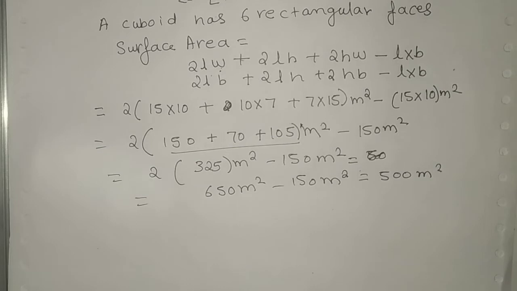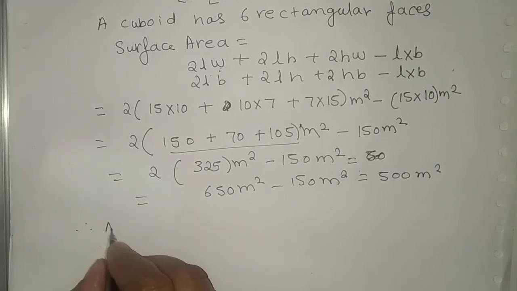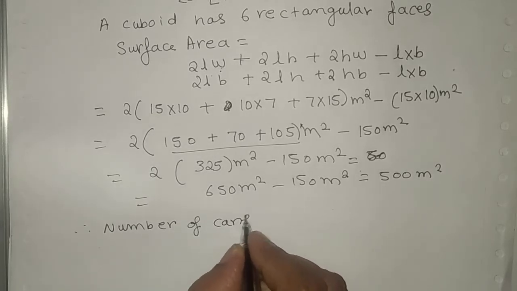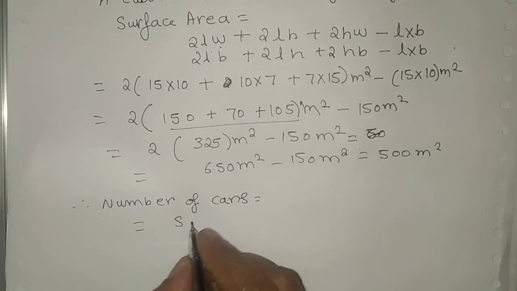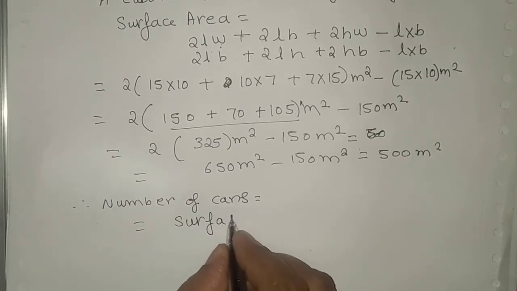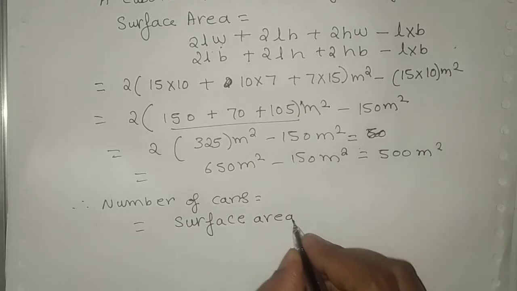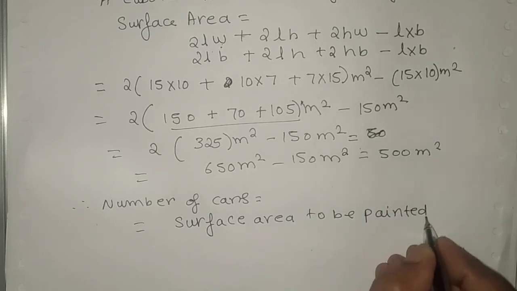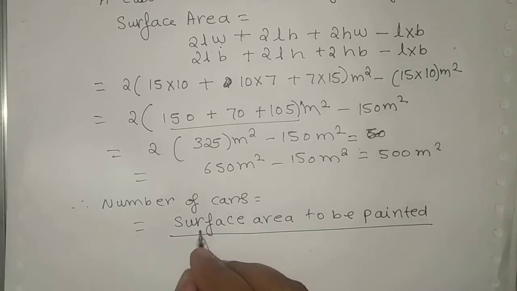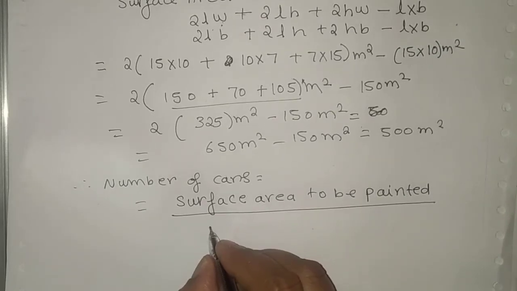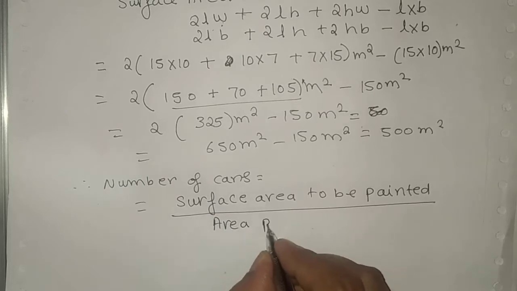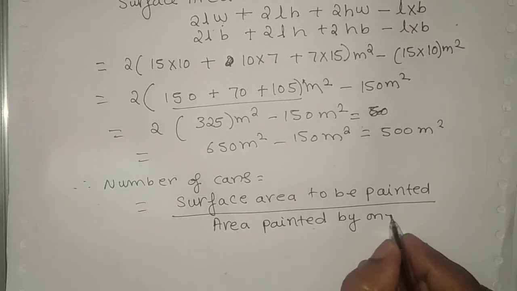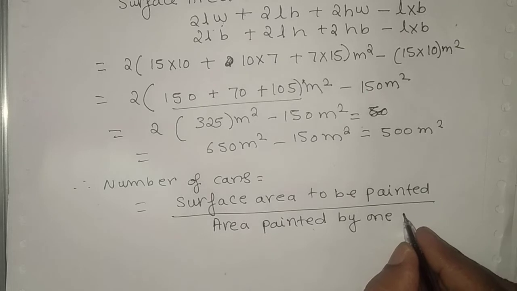Next, the number of cans is equal to the surface area to be painted divided by the area painted by 1 can, which is given as 100 m square.